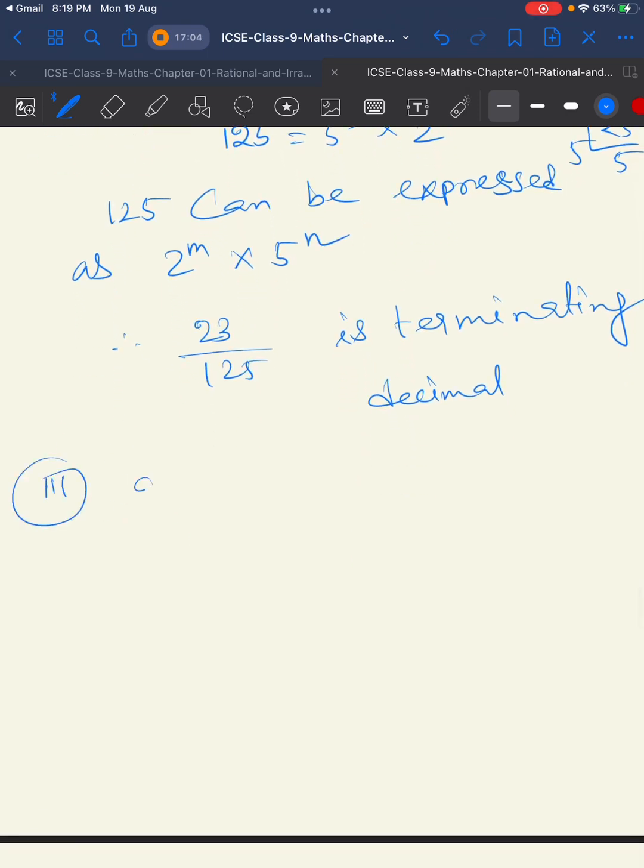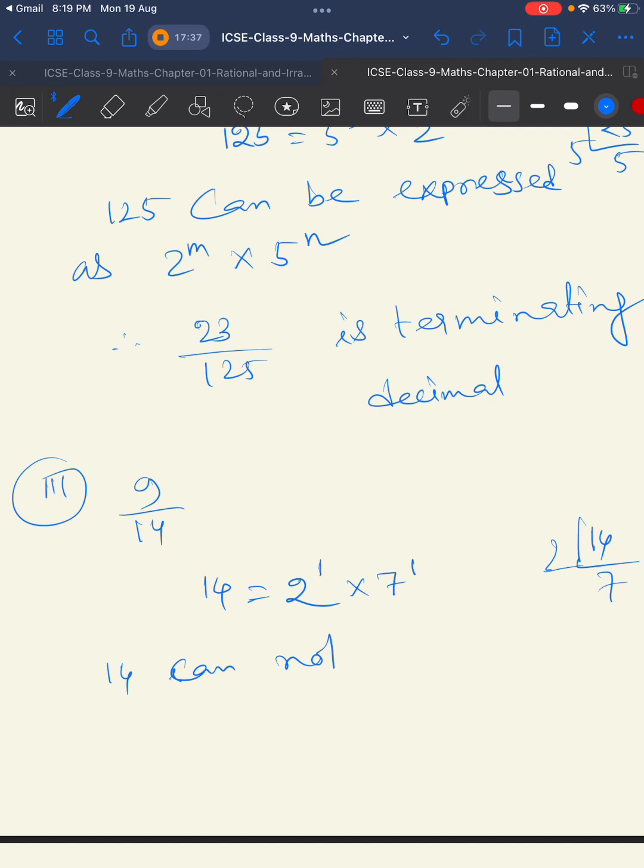Now question number 3, 9 by 14. So the factors of 14 are 2 sevens are 14. 7 cannot be factorized further, so we can express 14 as 2 to the power 1 into 7 to the power 1.